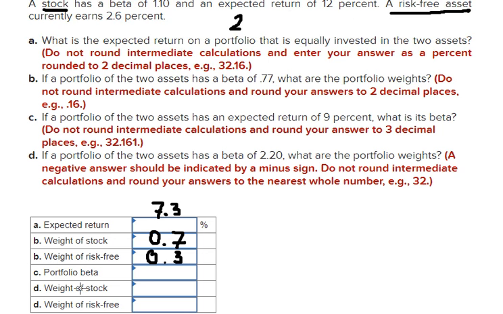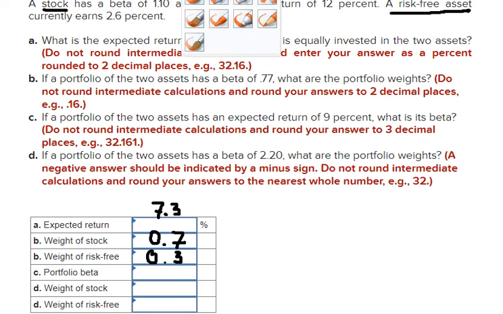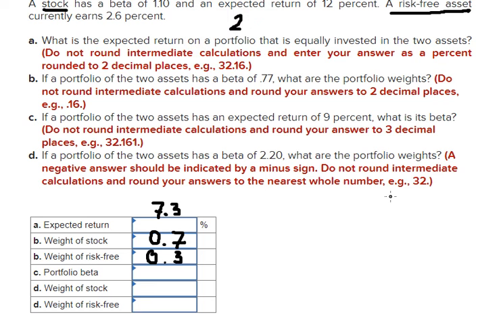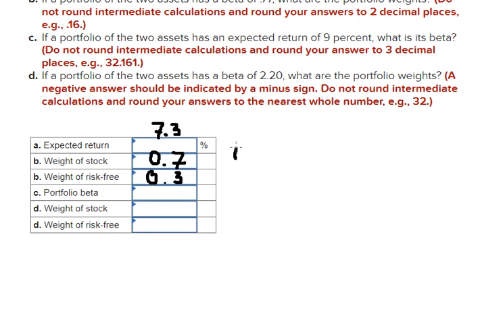We go to question C. If a portfolio of two assets has an expected return of 9%, what is the beta? We have the weight of number 1 multiplied by R of number 1, plus the weight of number 2 multiplied by R of number 2, which equals 9%.